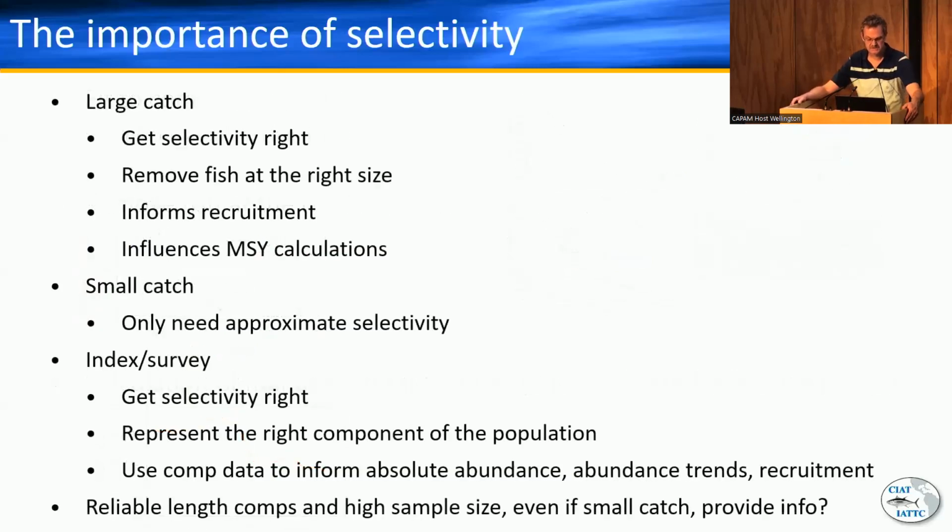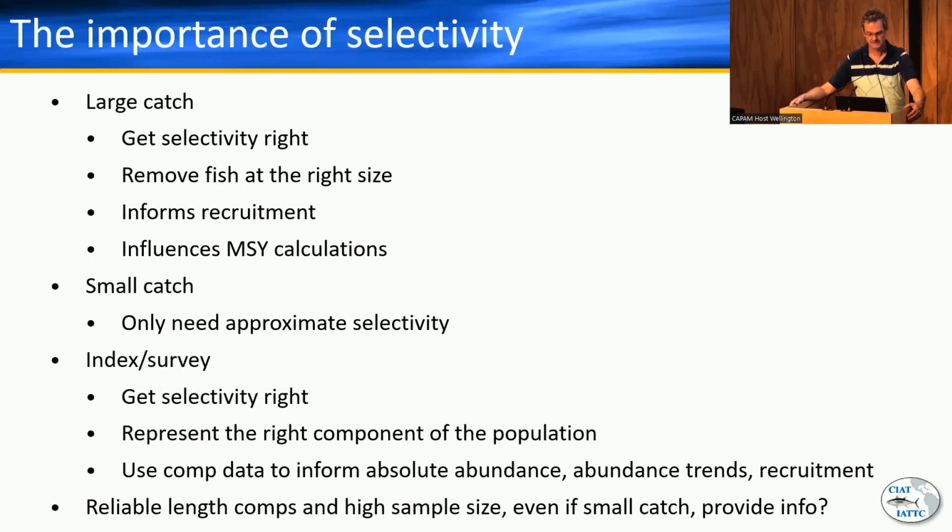Okay, so this gives an outline of one way to think about how you specify selectivity. This assumes you've defined your fisheries. If the fishery that you're looking at catches a lot of fish, then you probably have to get the selectivity right to make sure that you're taking the fish out at the right size, because that might make a difference. And it will definitely make a difference for MSY calculations, since it's the majority of the catch.